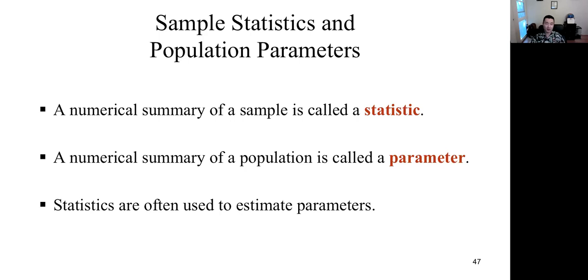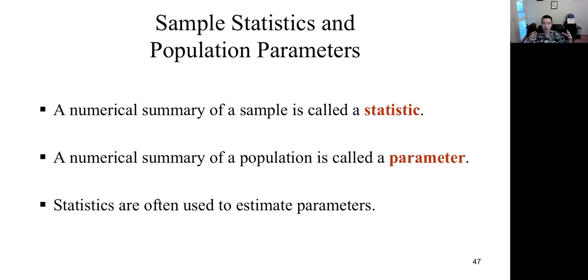A numerical summary of a sample is called a statistic. For example, the average diameter of those 50 rods is a statistic. On the other hand, a numerical summary of a population is called a parameter.